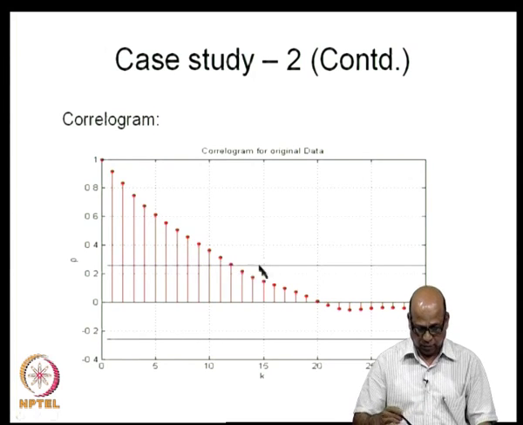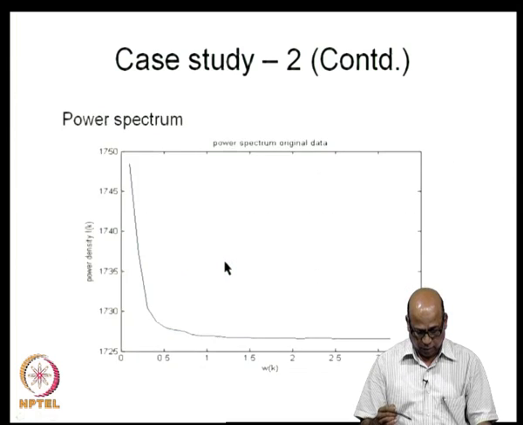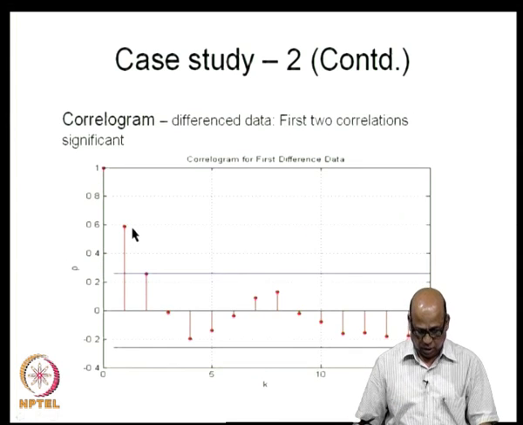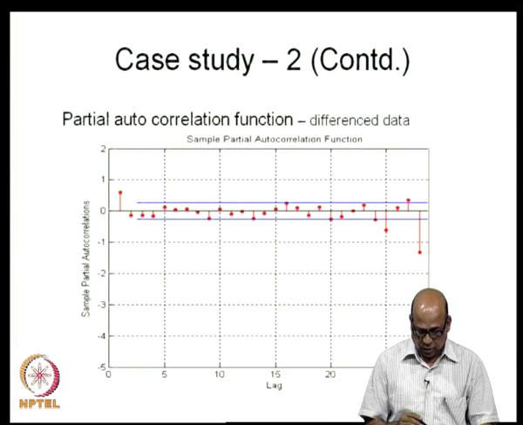Although they are decreasing with lag, they are all significant, whereas for the difference data you see only lag 1 correlation coming up as significant. The partial autocorrelations again indicate that most of the partial autocorrelations are insignificant. There is one at a very high lag that you can ignore when you are building the models, and there is one at the beginning of the series, maybe around lag 2 or something, that is significant.